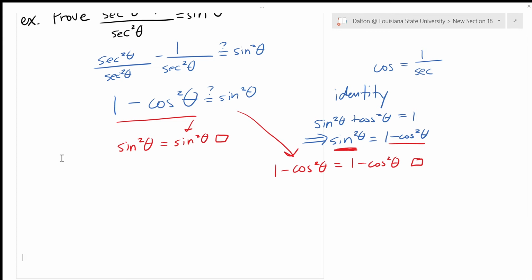Yep. Yeah, absolutely, because cosine over sine is cotangent. So that's just using that trig identity.